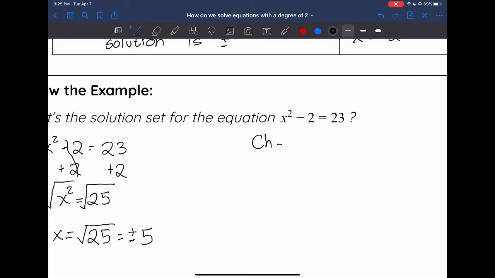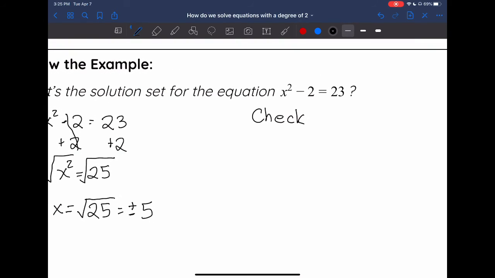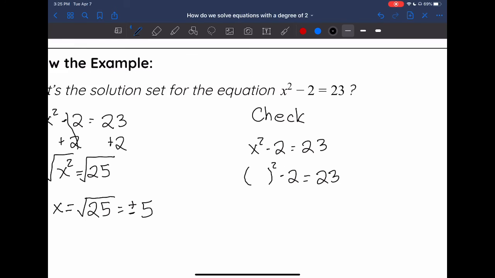So I have two solutions to check here. I'll plug in both a positive 5 to my equation and a negative 5 to my equation. So let's start with my skeleton of an equation. And I'm going to plug in those parentheses a positive 5 and a negative 5. So we'll start with a positive 5.